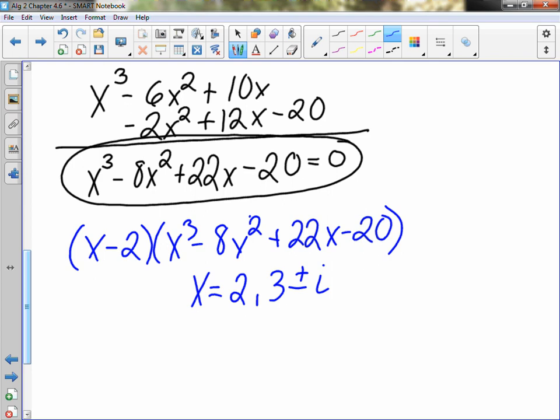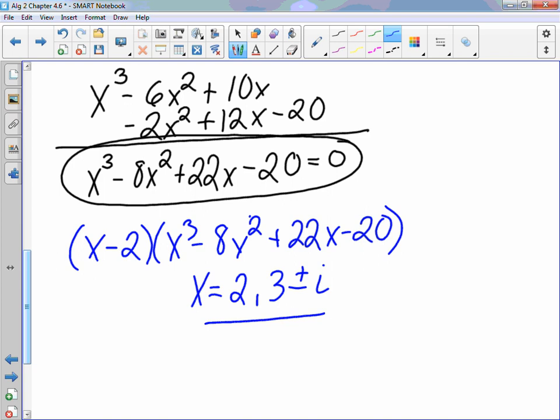Because the overall zeros would be 2 and 3 plus or minus I. So adding an x minus 2, does that change what solutions I have? No, I just have more solutions of 2, yes? It's still those. That's why they say least degree, because I could repeat x minus 2 or the x equals 3 plus I or 3 minus I. I can repeat them as many times as I want and still get a polynomial function with zeros of these 2 here.